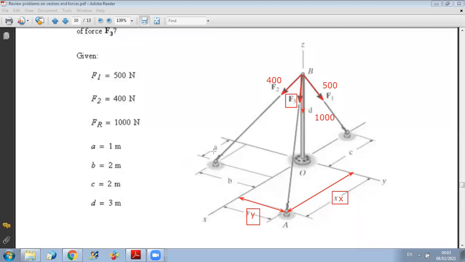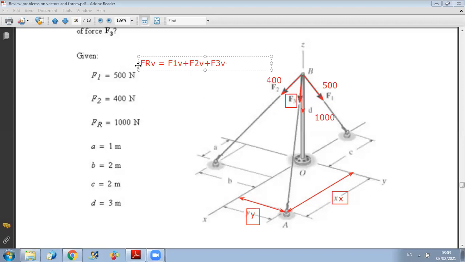Now look, this example is a little bit complex for the solution. So what I want from you is just to reach the final system. No need to resolve. The important thing for me is to reach the set of three equations. How to reach the set of three equations? We start first by writing the vectorial relation, which is F resultant as a vector is equal to F1 vector plus F2 vector plus F3 vector.